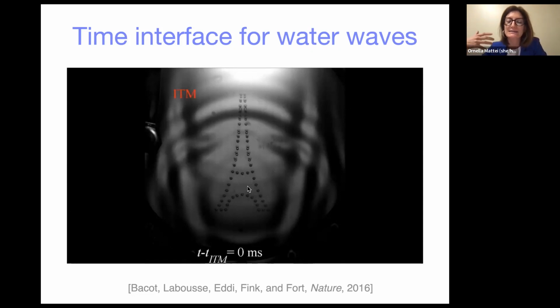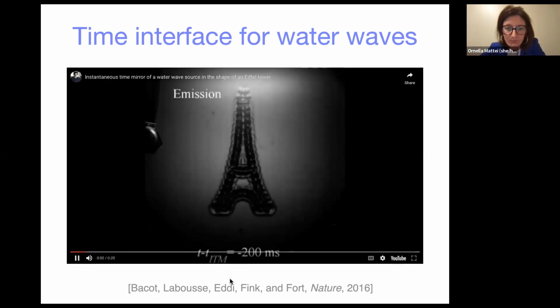Then they create this time interface by effectively changing the gravity, by accelerating the tub upwards. The wave that is going from the source toward the edges of the tub will split into two: one that will refocus towards the center where the source is, and the other one that will keep traveling in the same direction. So let me show you the video.